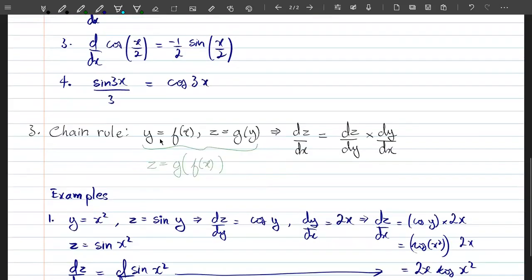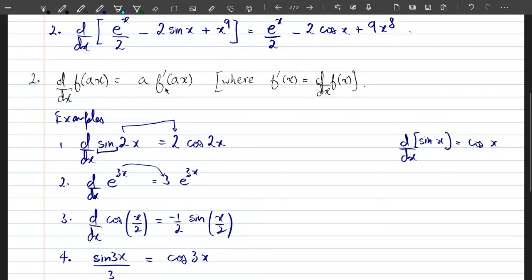Now, why is this a general case of the previous one? Clearly, this f of ax can be thought of as a composite function. We wrote it before, right? We have g of x equal to f of ax. So f of x is your basic function, and in fact, you can write it as f of y, where y is ax.